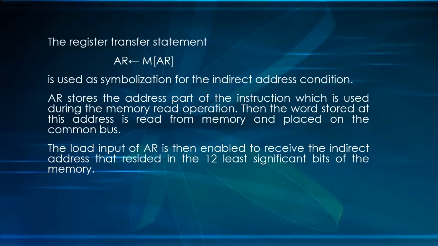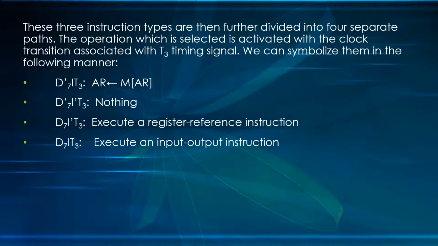Then the word stored at this address is read from memory and placed on the common bus. The load input of AR is then enabled to receive the indirect address that resided in the 12 least significant bits of the memory. These 3 instruction types are then further divided into 4 separate paths.